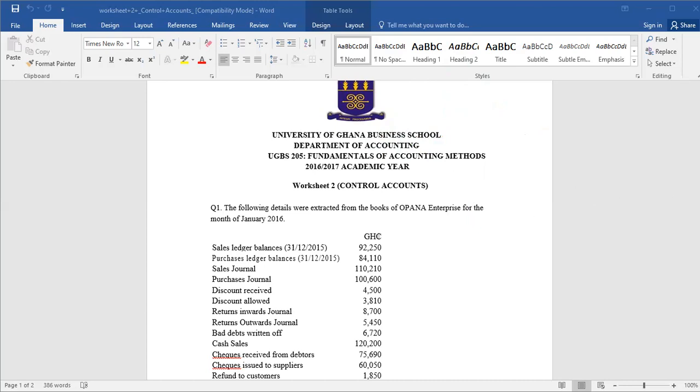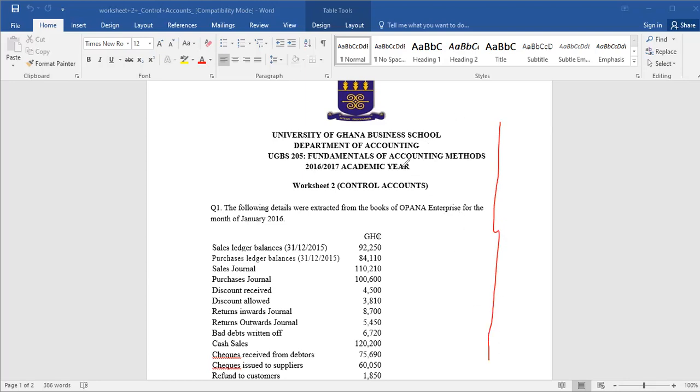When you go through this one, you find some of the items. Okay, I think I've seen it.